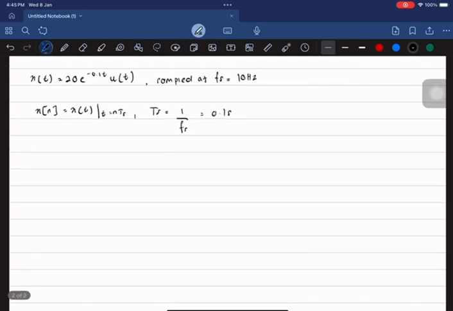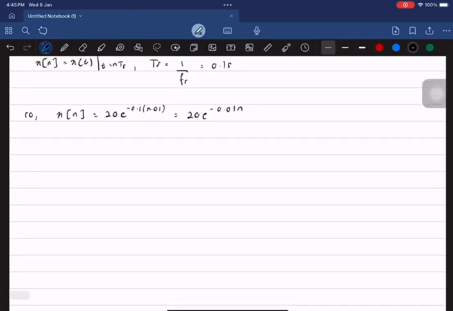So x[n] equals 20 exponential of negative 0.1 times 0.1 n. We multiply 0.1 and 0.1, so we get 20 exponential of negative 0.01n.